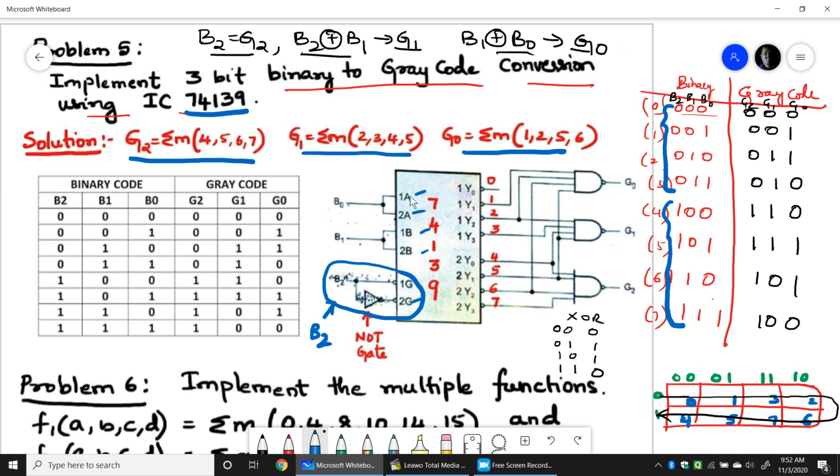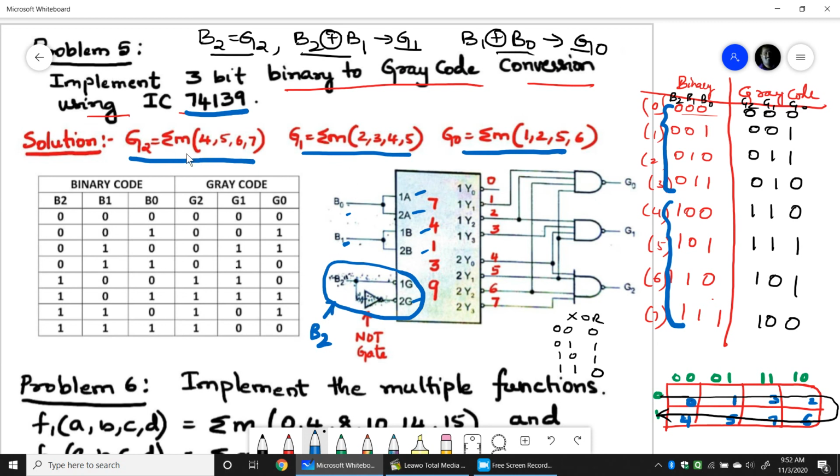I have made 1A and 2A as B0, and 1B and 2B as B1. So now this will be read not as individual 4-bit outputs, but as overall 8-bit outputs: 0, 1, 2, 3, 4, 5, 6, 7, since I made the inputs as 3 inputs B0, B1, B2.